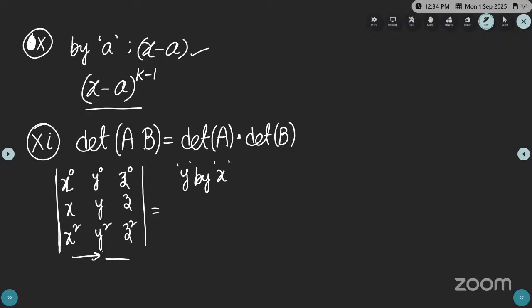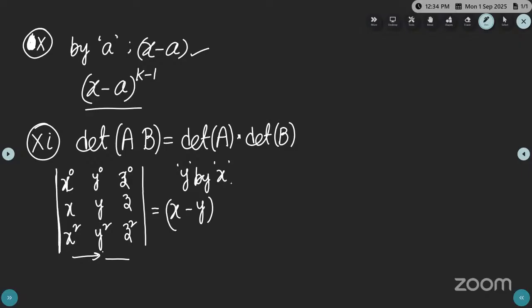If y is replaced by x, we get x power 0, x power 1, x power 2. Two columns are identical or not? Then what is the factor? I'm following this order. x minus y is a factor.